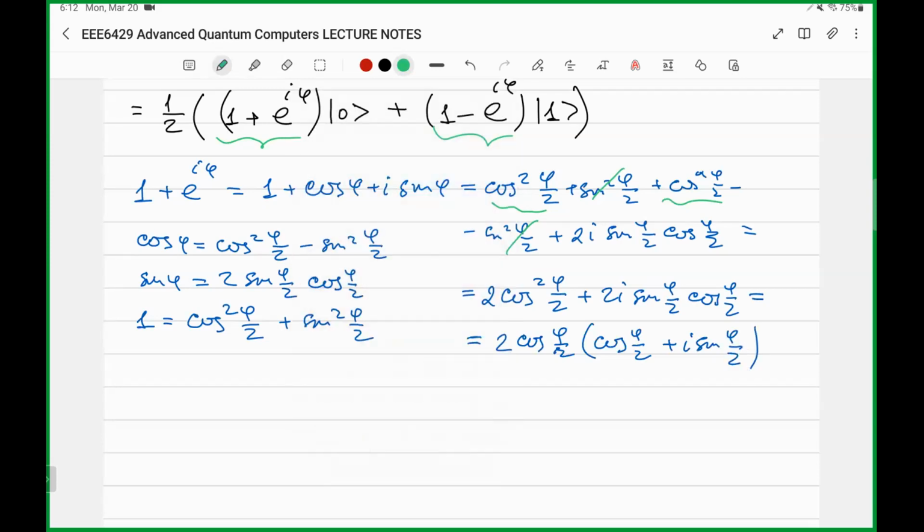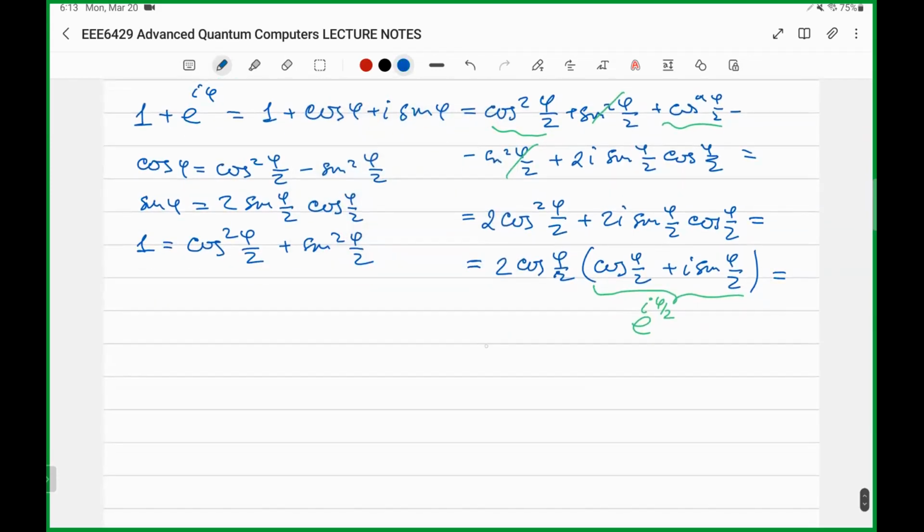And well, this is nothing but e to the power of i phi over 2, right? And the result, finally, for the first one is 2 cosine phi over 2 times e to the i phi over 2.